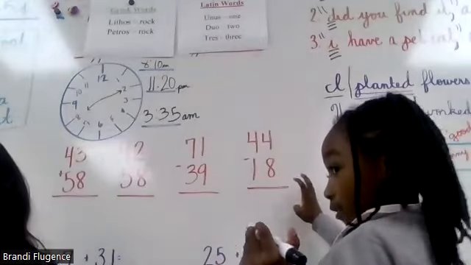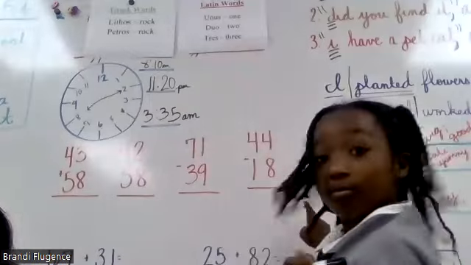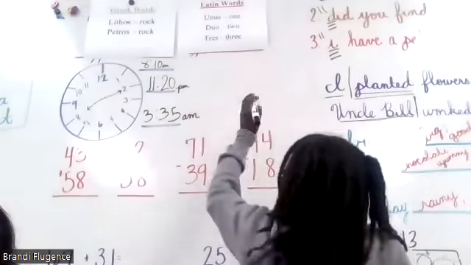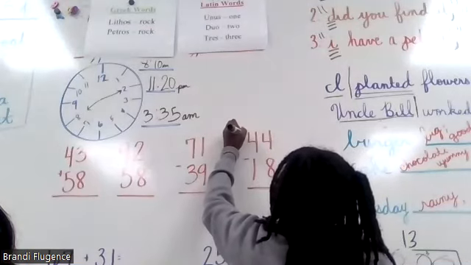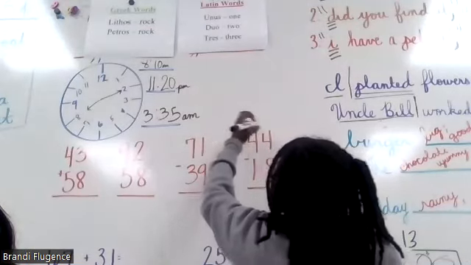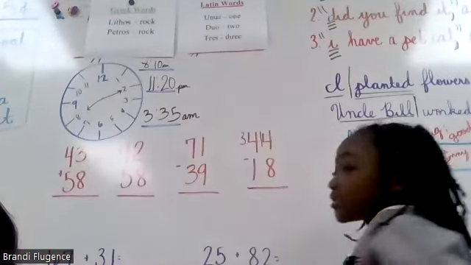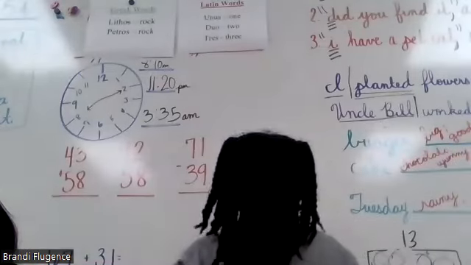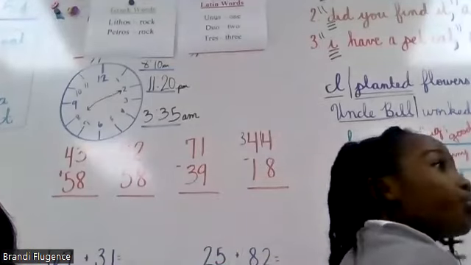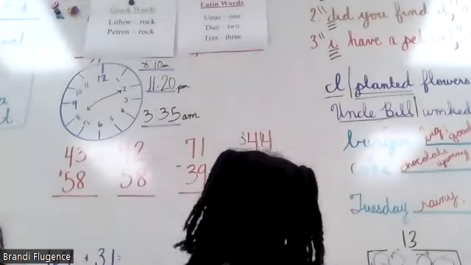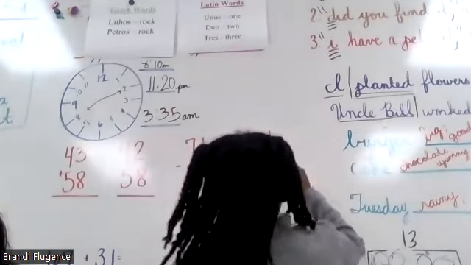Okay, take 12. You take 4 away from 8, so you take away 4 and add 1.